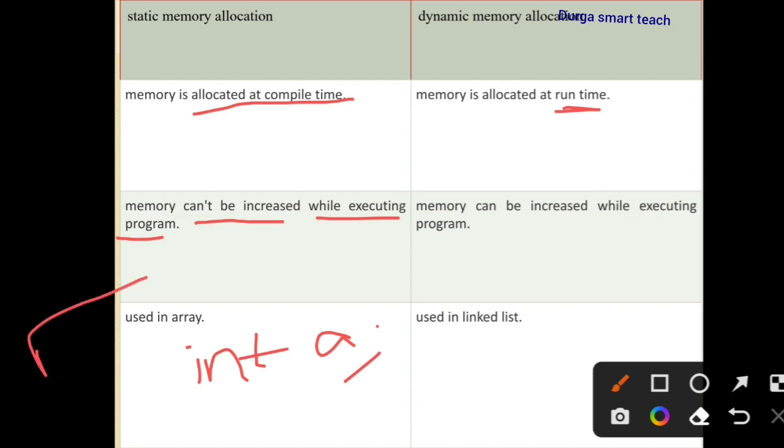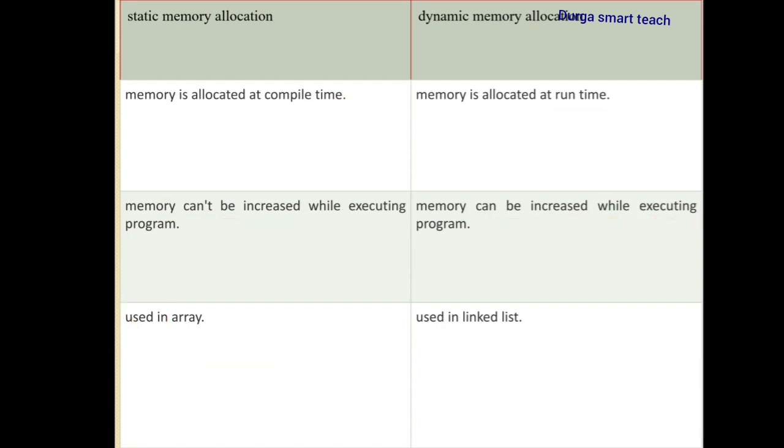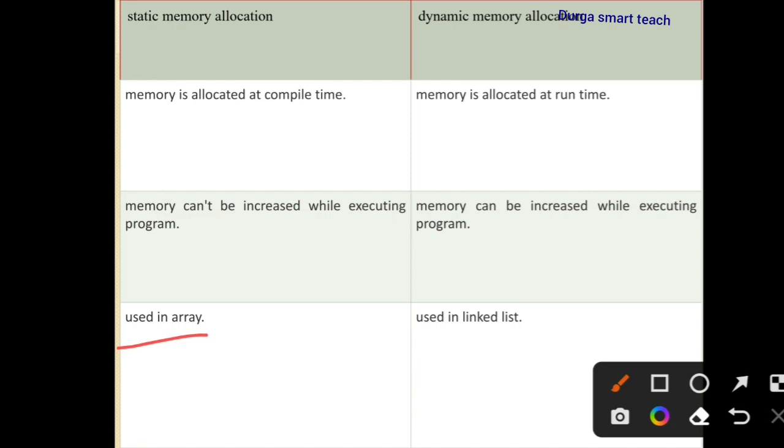Here it occupies 4 bytes of memory for this int variable. So you cannot increase the size of this variable while executing the program. Whereas dynamic memory allocation can be increased while executing the program.